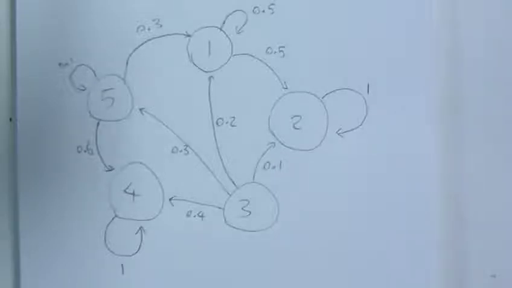So if you're in state 4 or state 2, the ants are only going to be able to stay there. And so ants are going to come into state 2, but they're never going to leave. And so state 2 and state 4 are going to eventually end up with lots of ants in them, and there'll be nothing left in 1 and 3 and 5. That's the idea of how I imagine Markov chains.